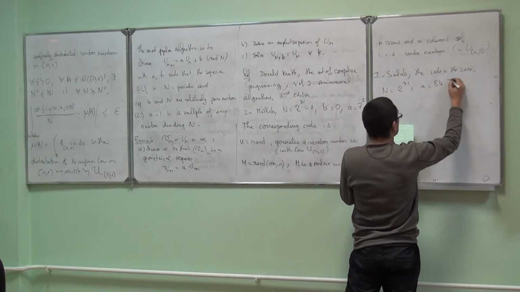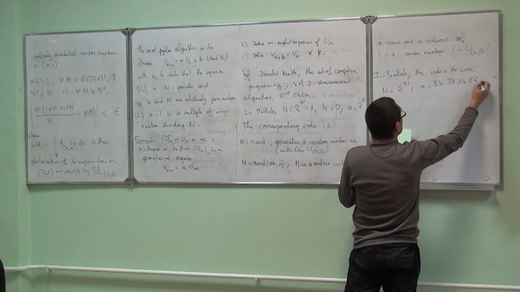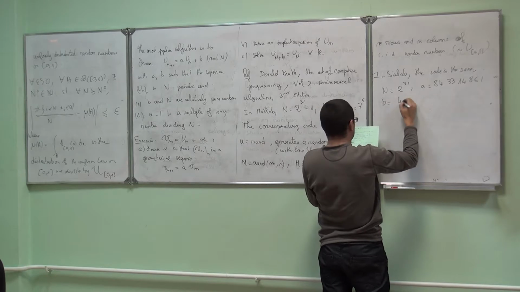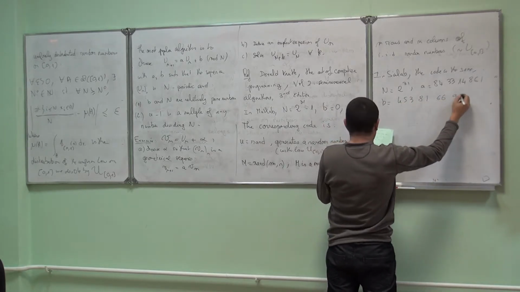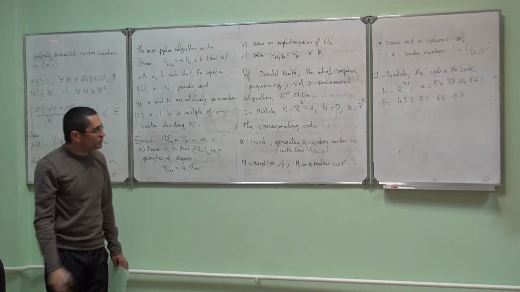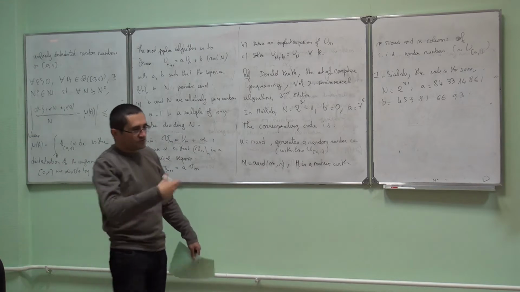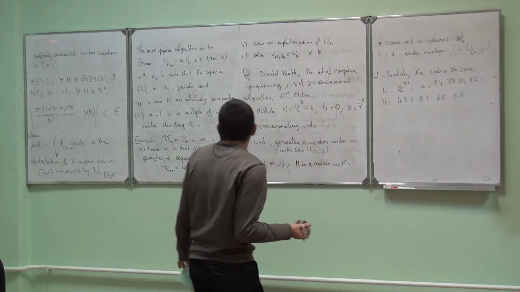I can give you, but this is just for an illustration. And B is given by this so huge number. Okay? That's the idea. Just for you to understand the main ideas.